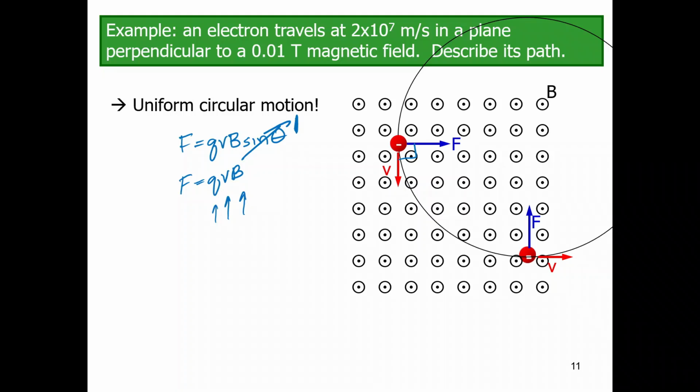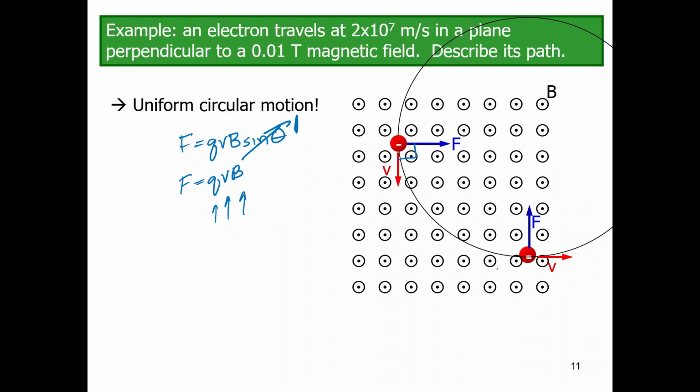Now, we know that with circular motion our force can only change our speed if there's some component that's parallel. If our force and velocity are perpendicular to each other, the force changes the direction, but not the magnitude of the velocity. So we're going to move in a circle at a constant speed.